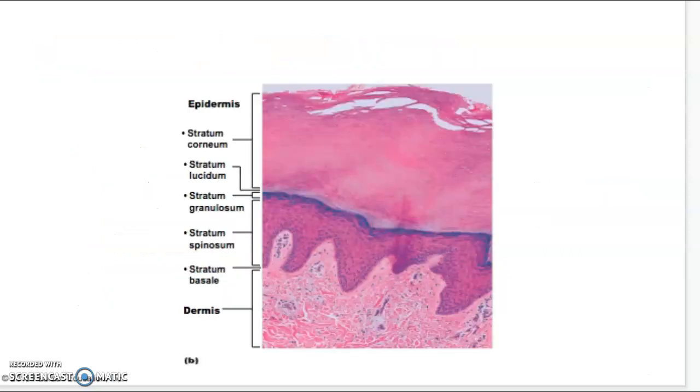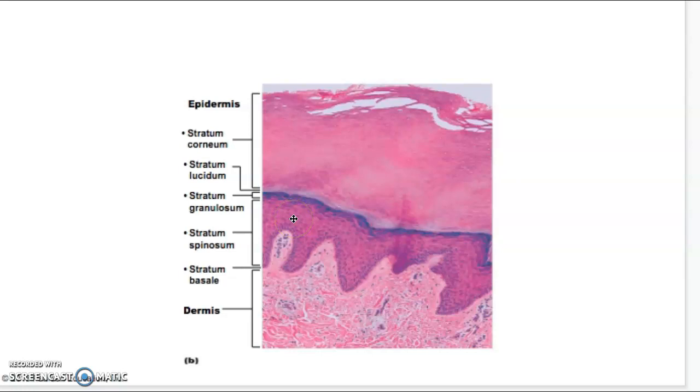And so here's a nice slide of these layers. So here we see all these little purple dots, and these little purple dots are nuclei. And so we know we're looking at that mitotically active stratum basale. Above the stratum basale in this region, this is the stratum spinosum, where we find those spiny cells. You can't really see that they're spiny cells here.